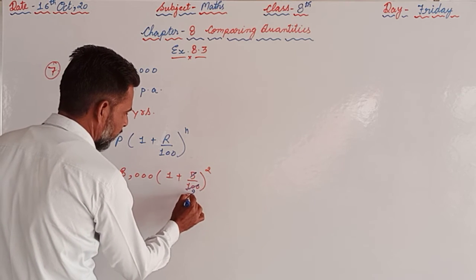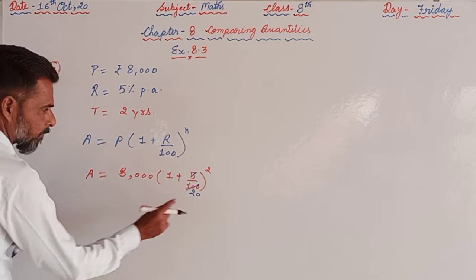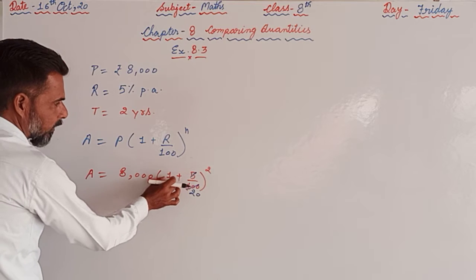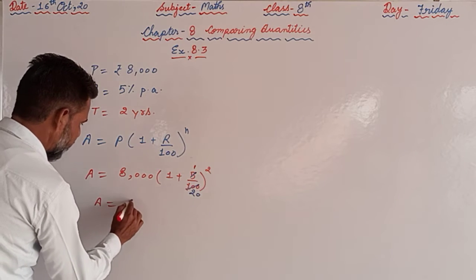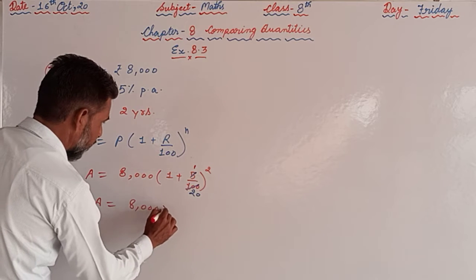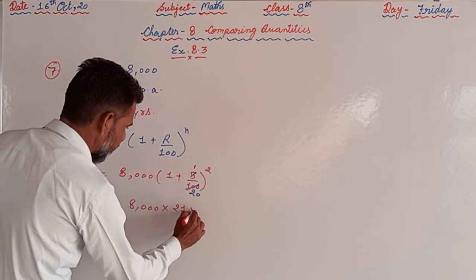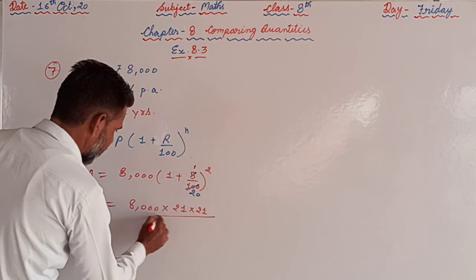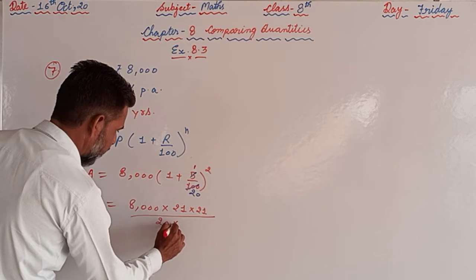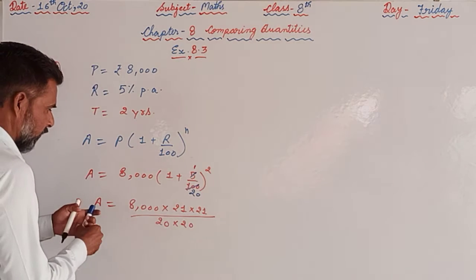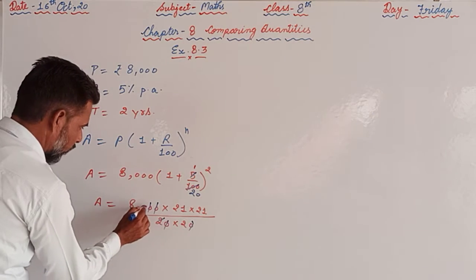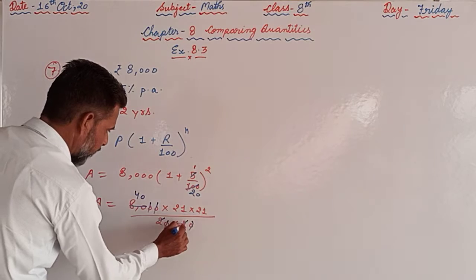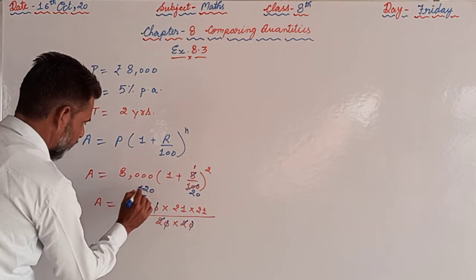5 20s are 100, so 1 plus 1 upon 20, and 20 plus 1, that is 21 upon 20, and the amount will be equal to 8,000 into 21 upon 20 into 20. So 1 cancels, second cancels out, 2 4s are 8, 0, again by 2, 20.